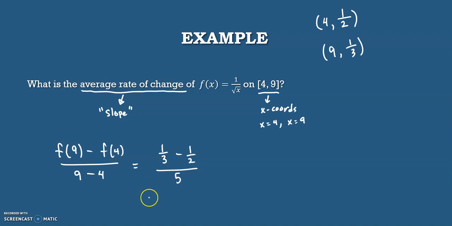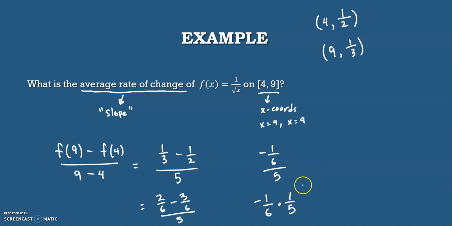And then we need a common denominator, so we can say that's 2/6 minus 3/6 over 5, or negative 1/6 over 5, or because of copy dot flop, if you had teachers who taught you that, or because dividing is the same as multiplying by the reciprocal, we have negative 1/30th, and that is our average rate of change on that interval.